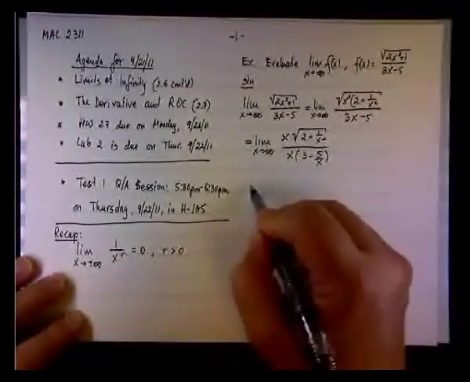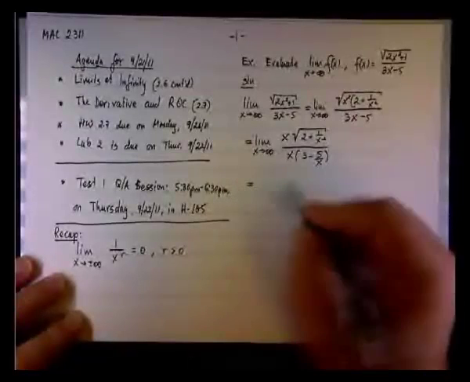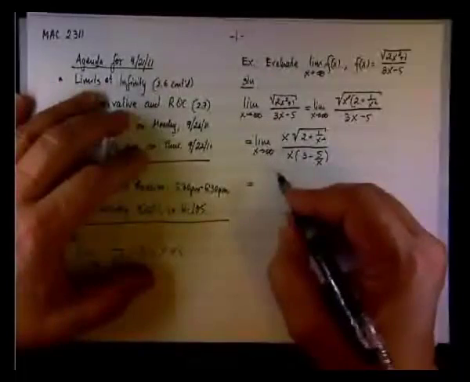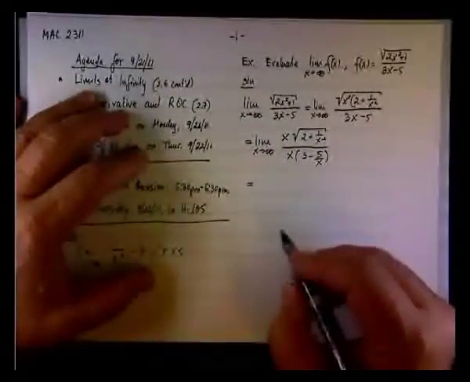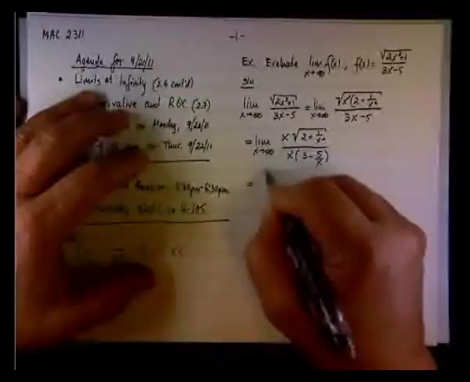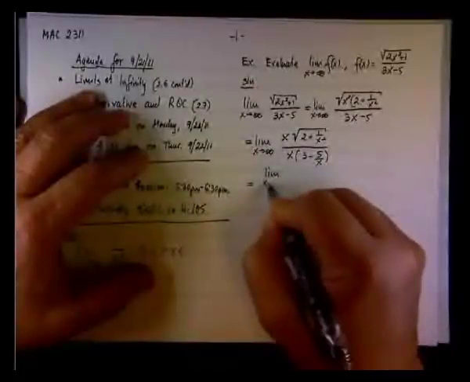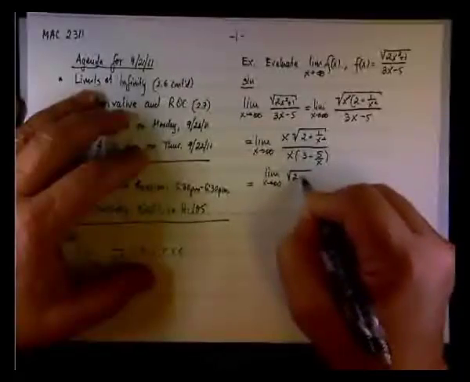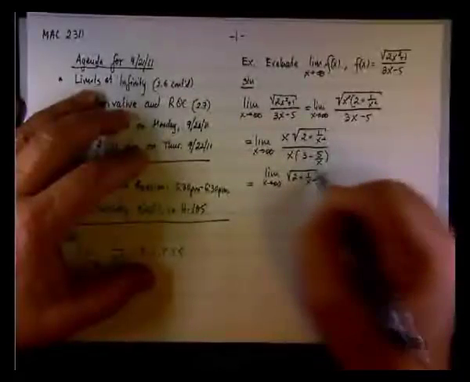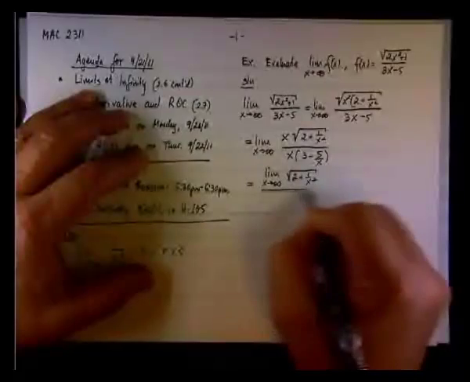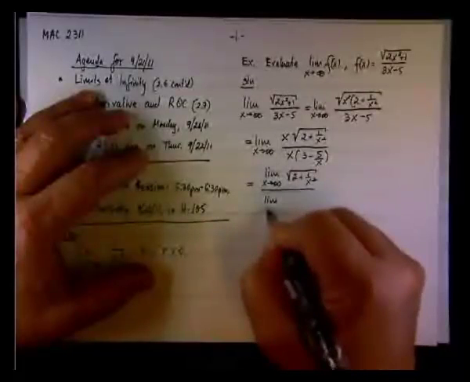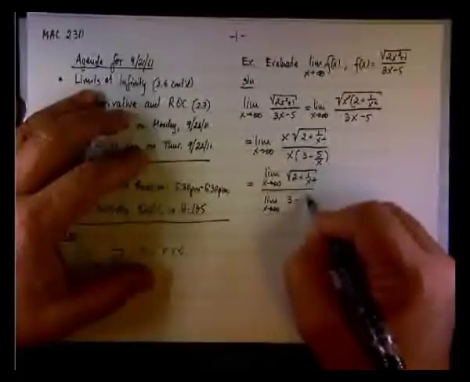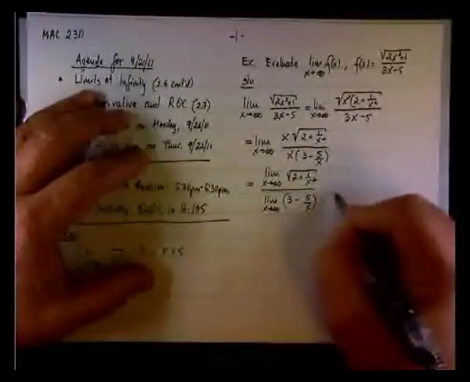And now, applying the limit laws, first of all, the quotient law. We have the limit as x approaches infinity of the square root of 2 plus 1 over x squared divided by the limit as x approaches infinity of 3 minus 5 over x, like so.